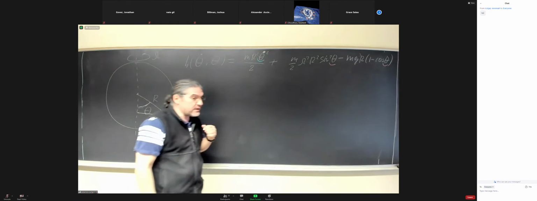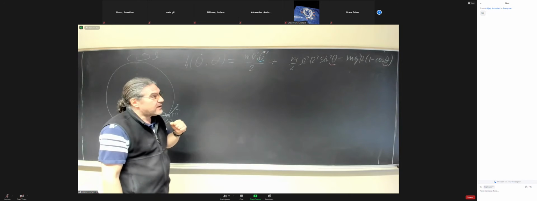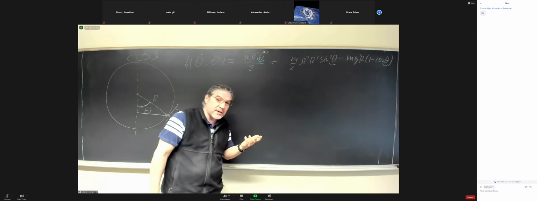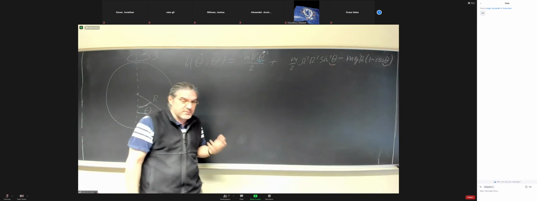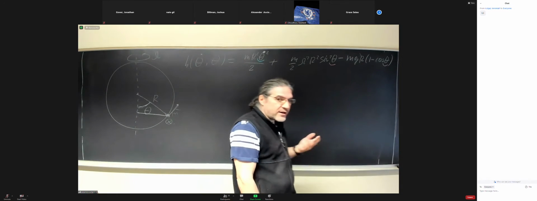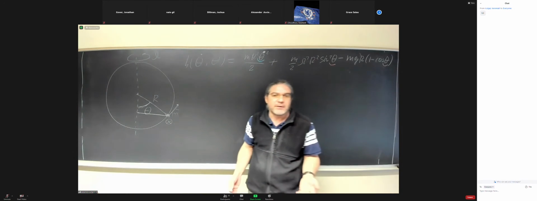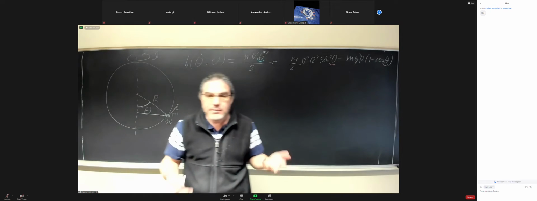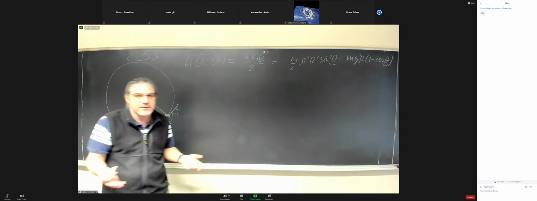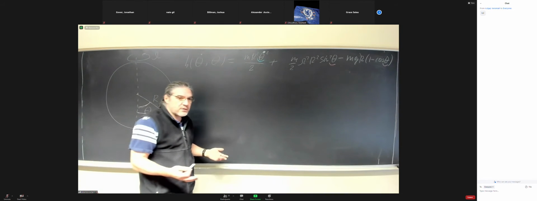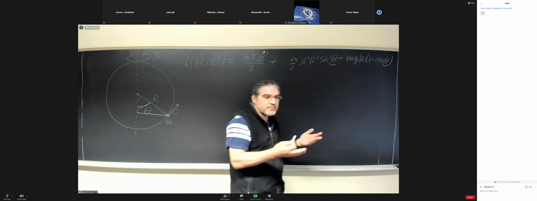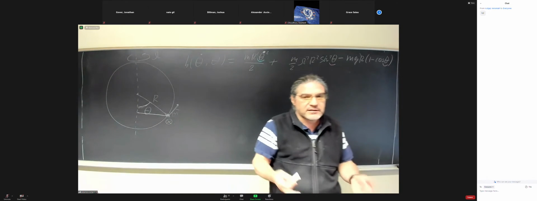But now let me do it differently. Let me remember that the Lagrangian defines my problem. If I know a Lagrangian for my problem, I know everything about it. I can write equations of motion, solve them, and find the solution. All information about my mechanical system is contained inside the Lagrangian.